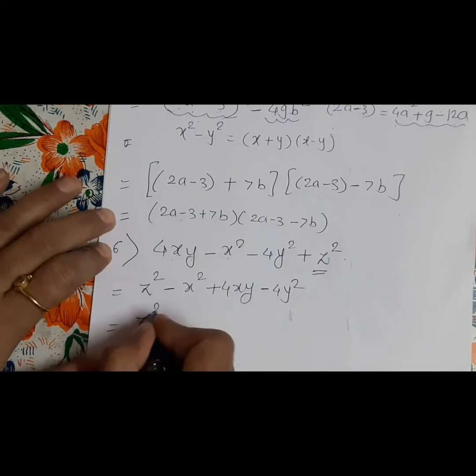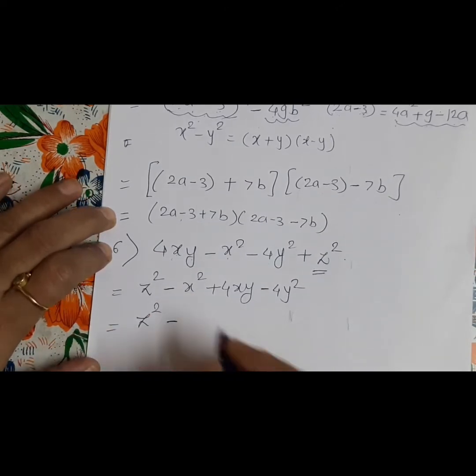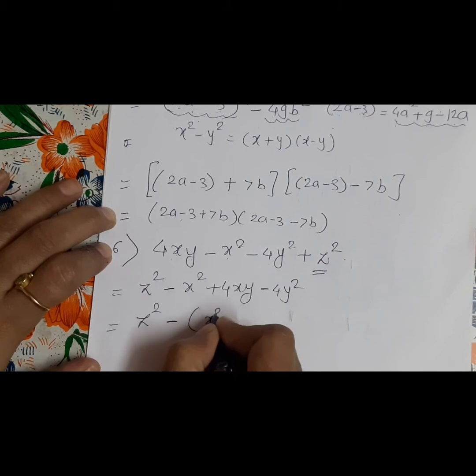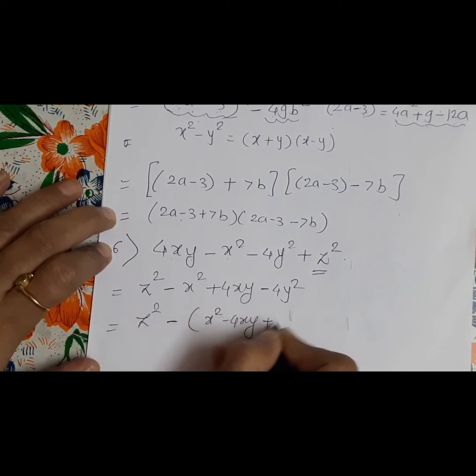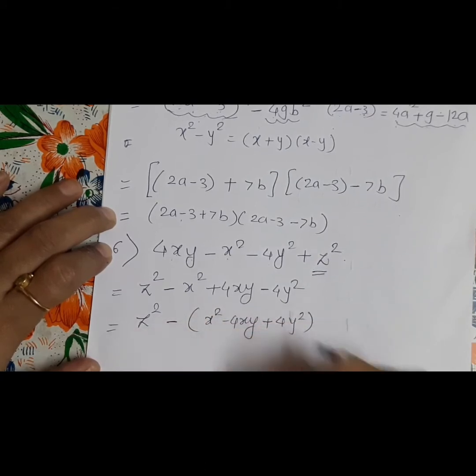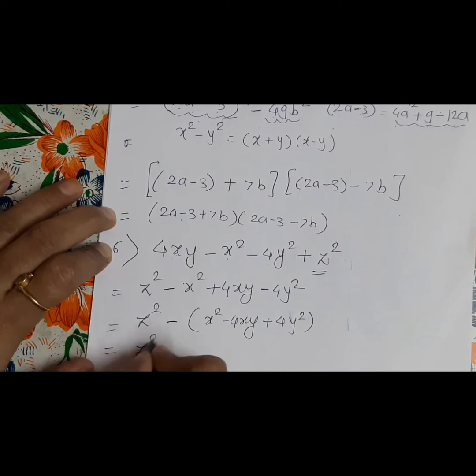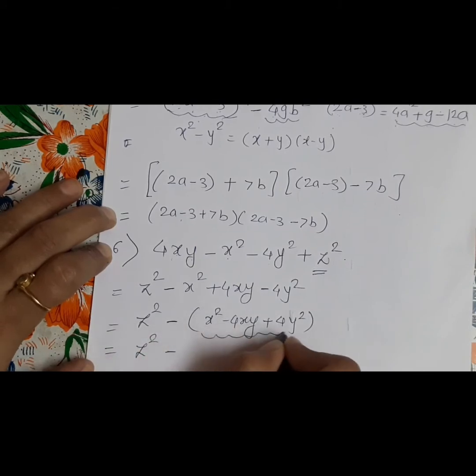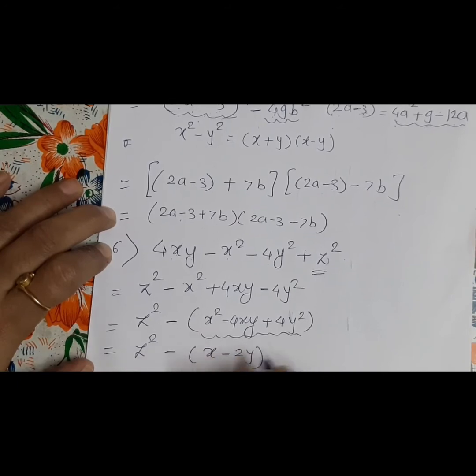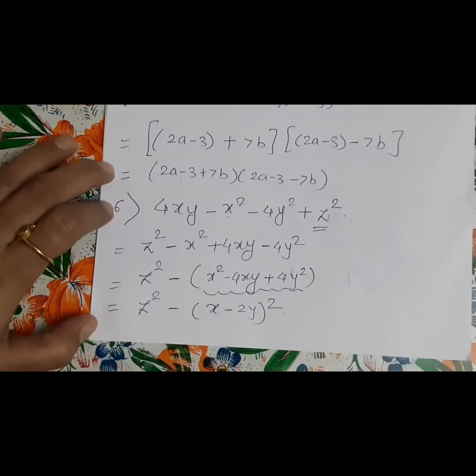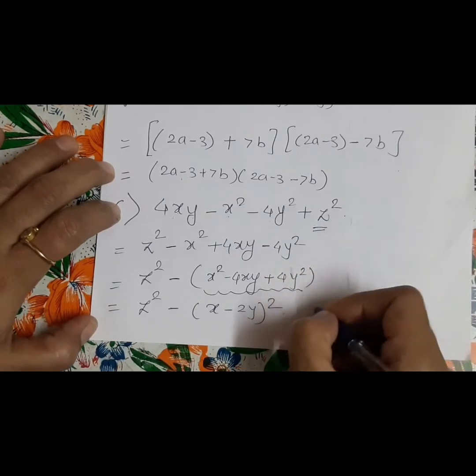So here it is z square minus, I can take common, so in the bracket it is x square minus 4xy plus 4y square. So it is z square minus, now if you look at this, this is the square of x minus 2y. X minus 2y its square, why?